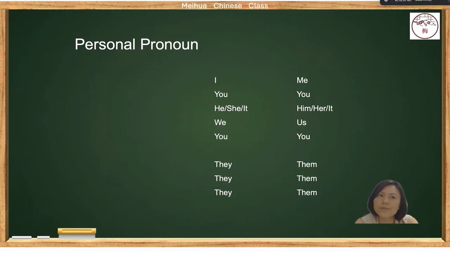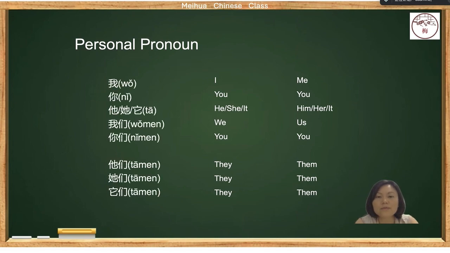When the people are working as an object of a verb, we should use another form. We should not use the nominative form. But in Chinese, these 2 forms are actually the same. 我 means I, 你 means you, 他 this is he, this is she, this is it.